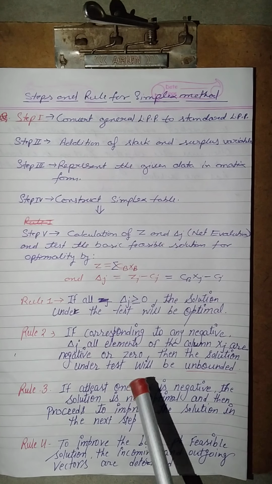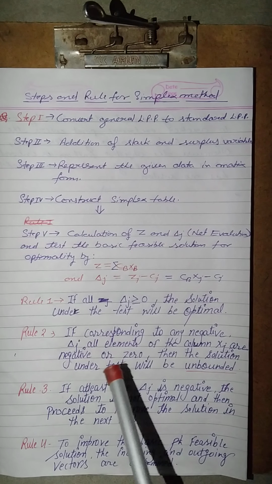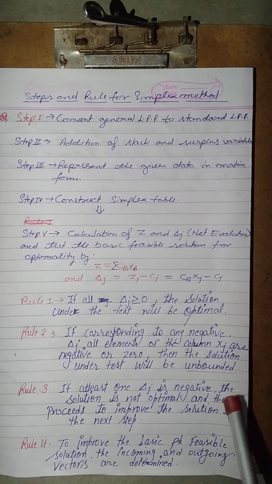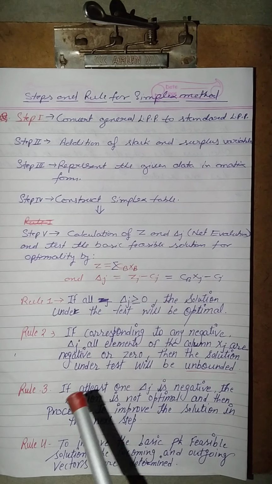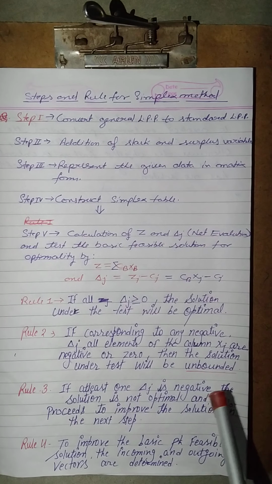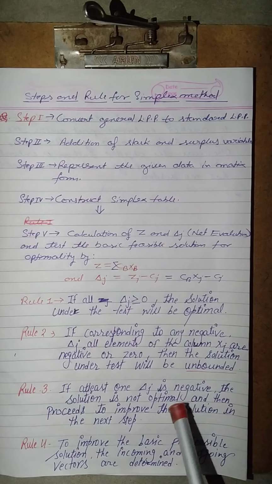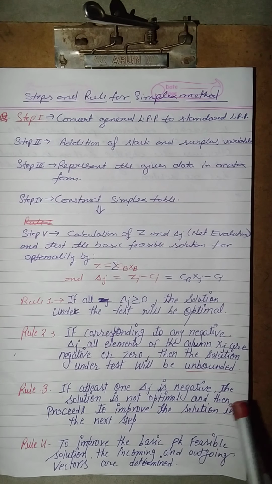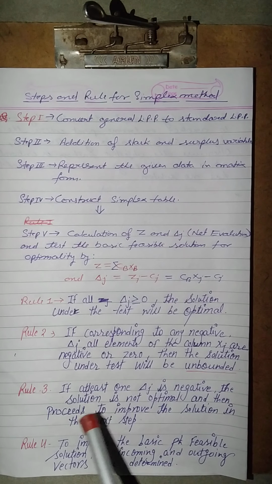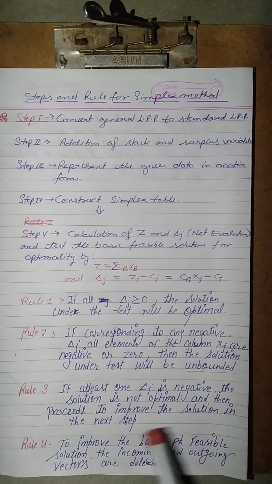In rule number three, we have all the delta j less than or equal to 0. According to rule number three, if at least one delta j is negative, the solution is not optimal, and we proceed to improve the solution in the next step.